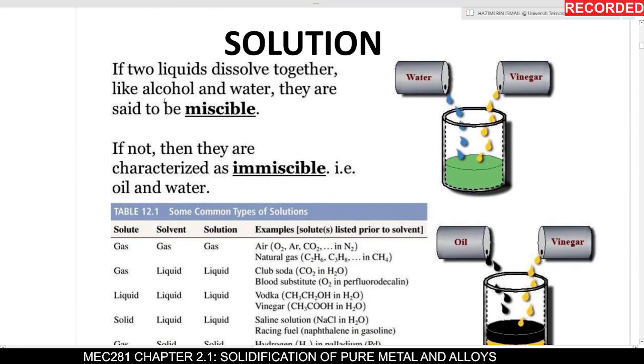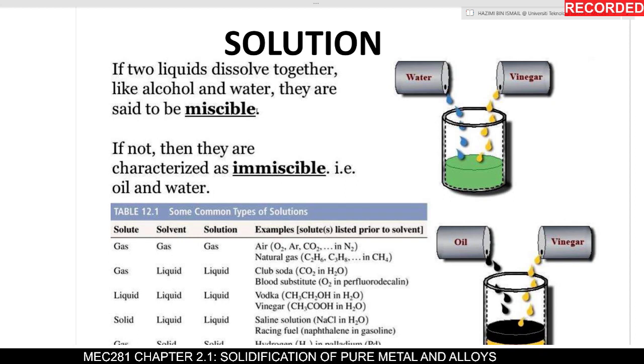Okay, so if two liquids dissolve together like alcohol and water, they are said to be miscible. Miscible means boleh bercantum lah, boleh masuk, boleh larut. Okay, miscible. If not, then they are characterized as immiscible.